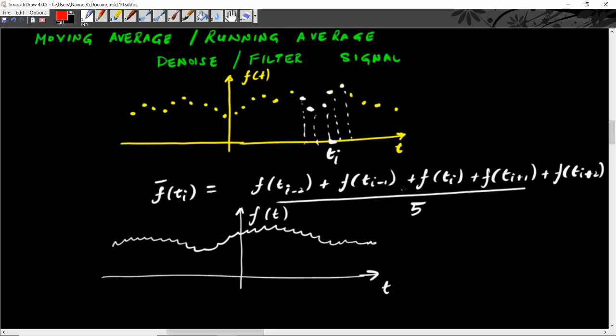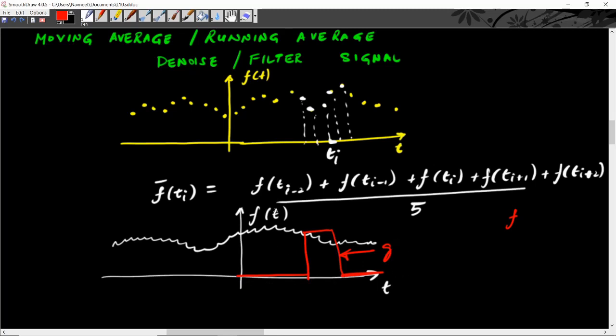Then this moving average can be considered as convolution of this function f with a rectangular pulse, and this is my function g that has been translated to a particular time t.